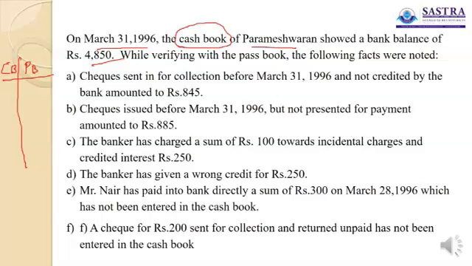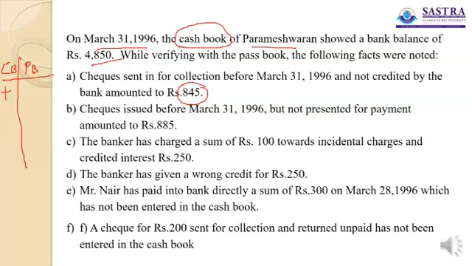Checks sent in for collection before March 31, 1996 and not credited by the bank amounted to rupees 845. Only 845 rupees of checks sent in for collection. So what we would have done, we would have entered in the cash book, which keeps the cash book's balance plus.